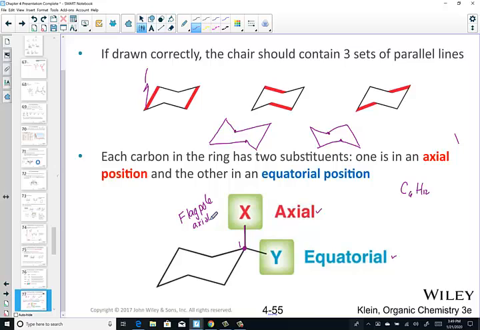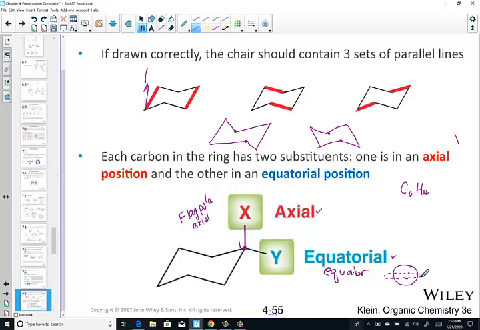The other type of bond that every carbon will have is called an equatorial bond. Think of the term equator. If you have a circle, kind of like the cyclohexane structure, the equatorial bonds are around the center, just like the equator goes around the Earth. So the equatorial bonds are tucked around the center, and axials come up or straight down from the structure.